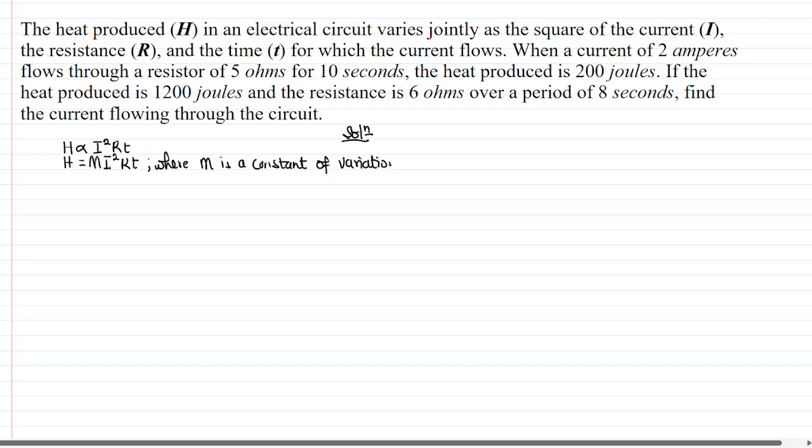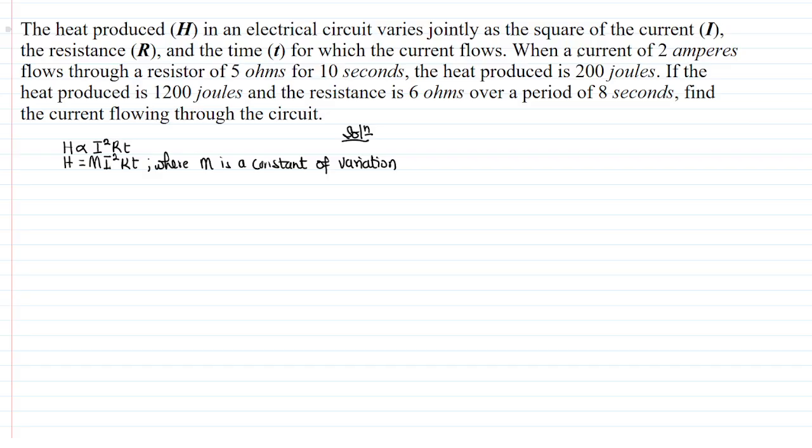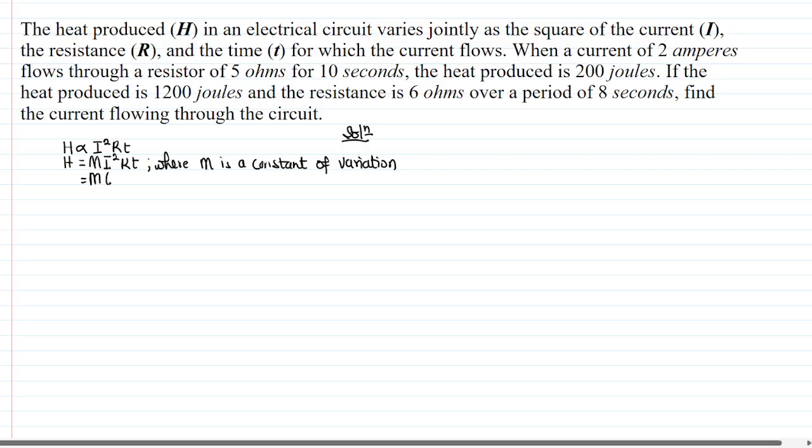So let's see how to continue with this. Now they've given us a preamble that when a current of 2 amperes flows through a resistance of 5 ohms for 10 seconds, the heat produced is 200.